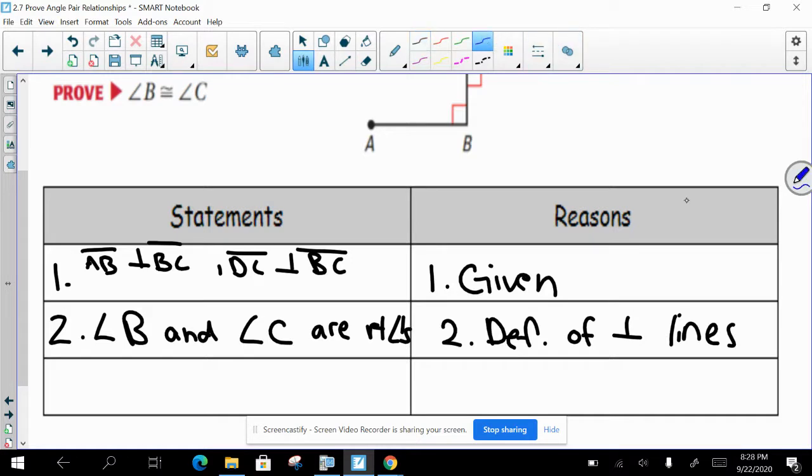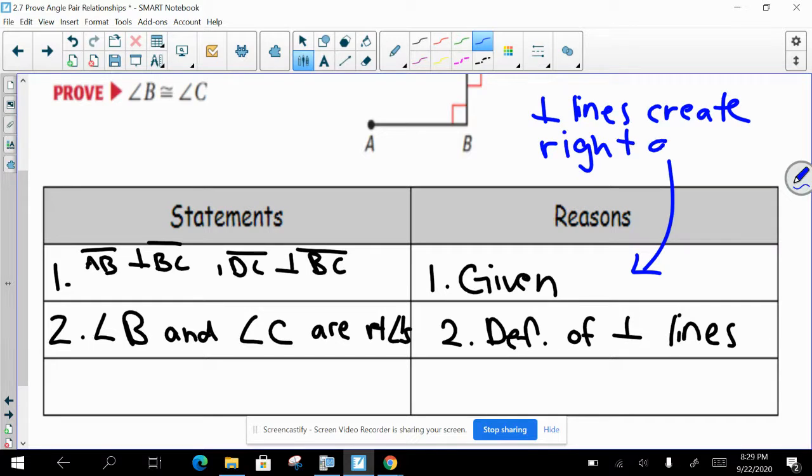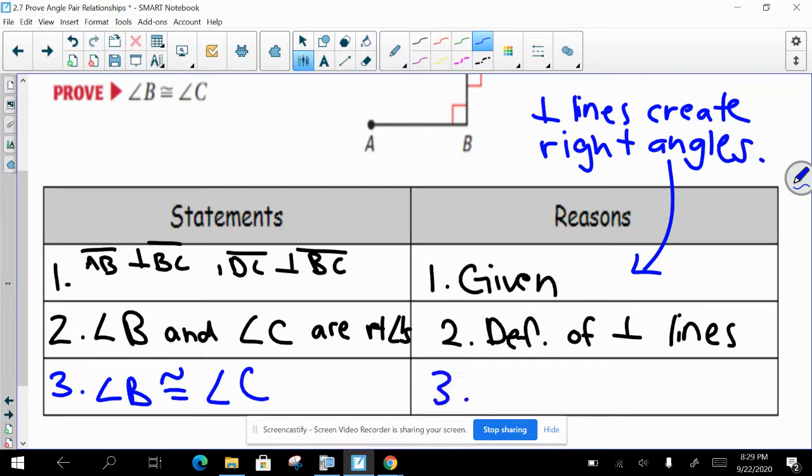Which, if you want to make a side note here, states that perpendicular lines create right angles. Okay, and then because angle B and angle C are right angles, we can say that angle B is congruent to angle C, exactly what we're trying to prove because of the right angle congruence theorem.